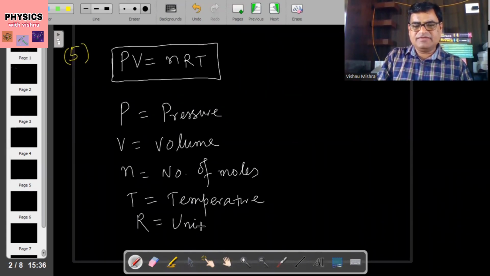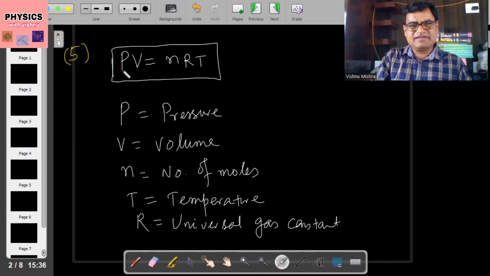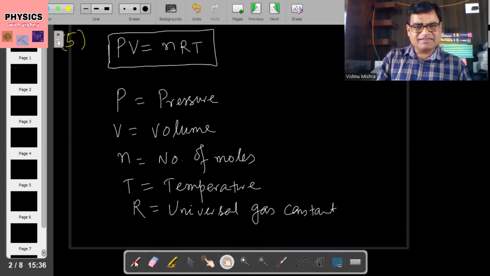And this is known as the ideal gas equation. In chemistry, you will read the ideal gas equation PV equal to nRT. P is the pressure, V is the volume, N is the number of moles, T is the temperature, R is the universal gas constant. So what is the question?